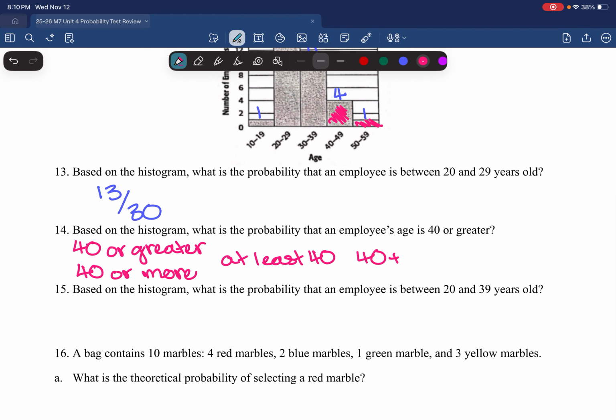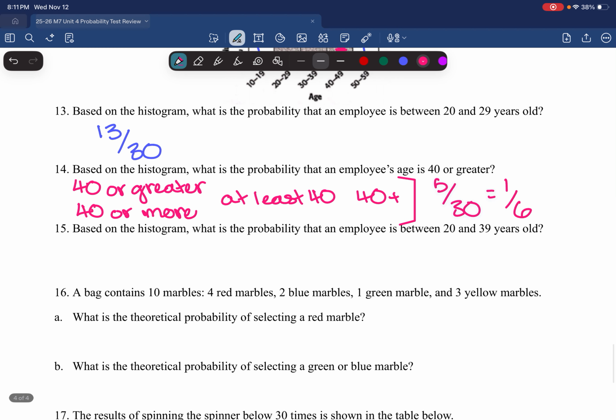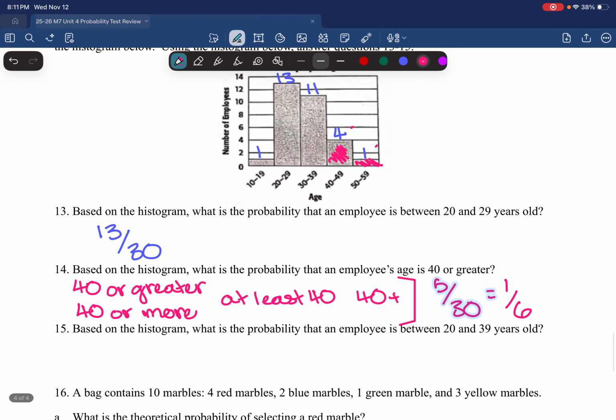All right, so I'm just going to section that off. So I have 4 right here and then 1 right here. So that's going to be 5 over 30, which I can simplify. 5 divided by 5 is 1, and 30 divided by 5 is 6. So that's 1/6. All right, next question. I'm going to erase this real quick.